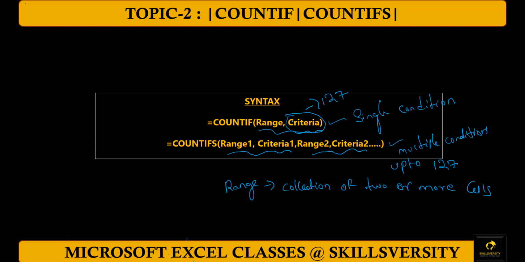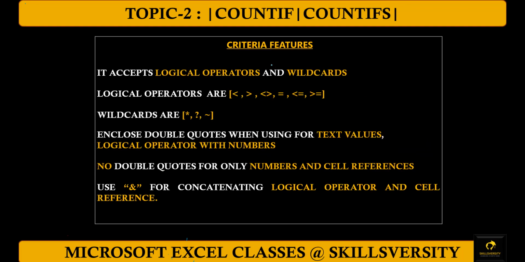So now we are focusing on criteria. There are a few things you need to remember while applying criteria. You can see it here, these are the criteria features. The criteria accepts logical operators and wildcards. What are the logical operators?